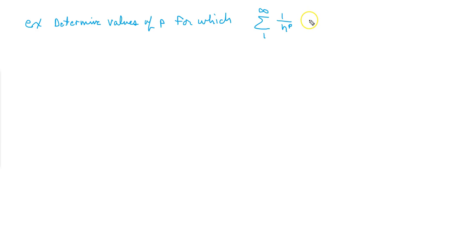So here, for this example, let's determine the p-values p for which this quantity, the summation of 1 over n to the p, converges.